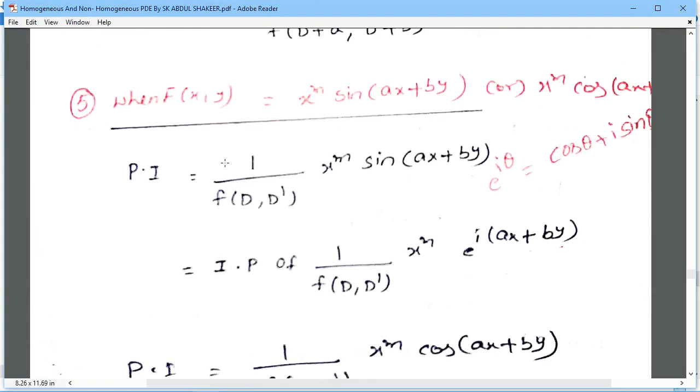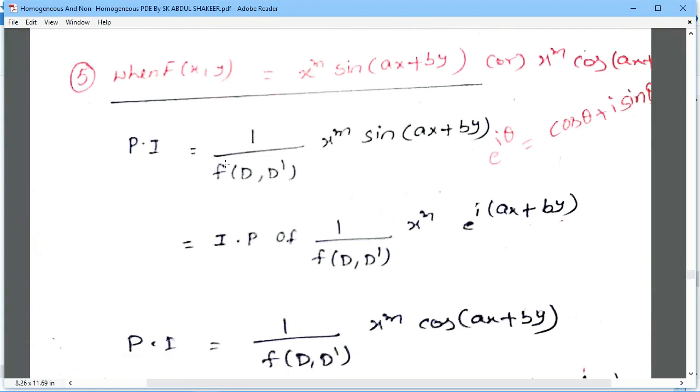Now coming to the fifth case, that is when f of x comma y is the product of x power m into sine of ax plus by or x power m into cos of ax plus by. In this case, we use the function e power i theta equals cos theta plus i sin theta. Here cos theta is the real part and sin theta is the imaginary part.